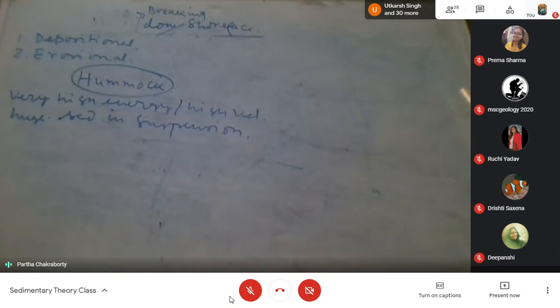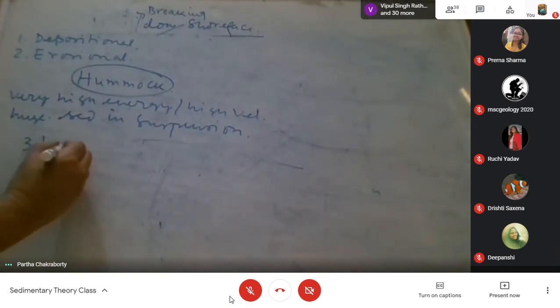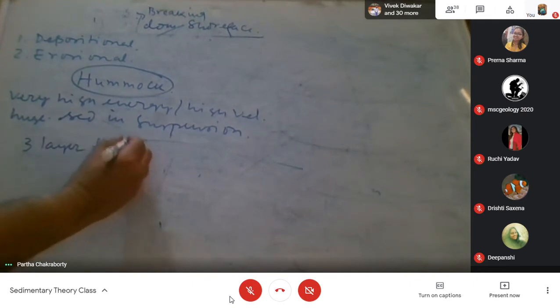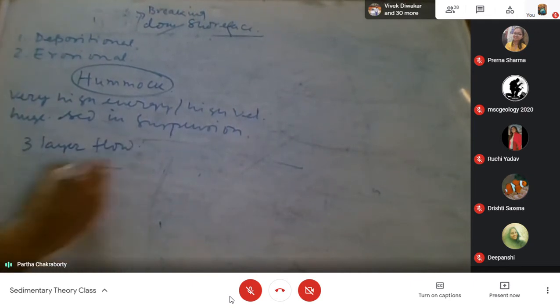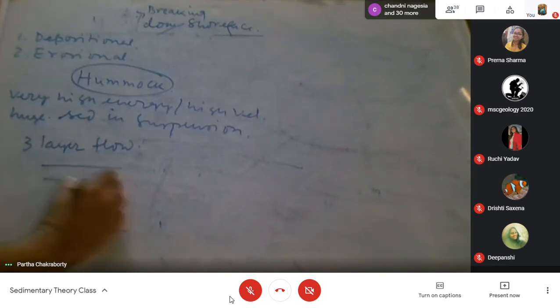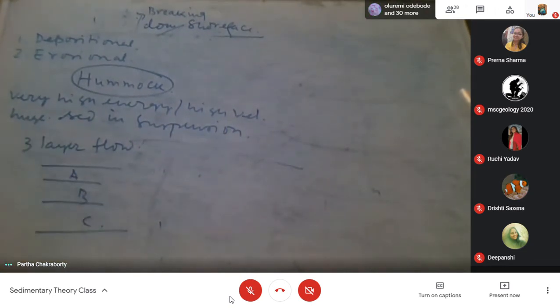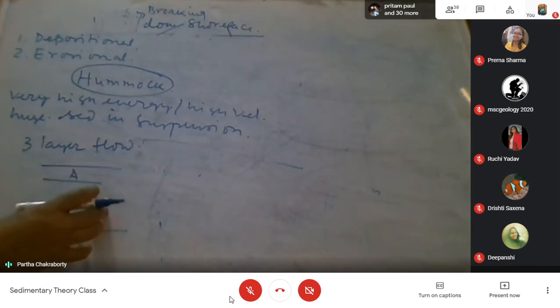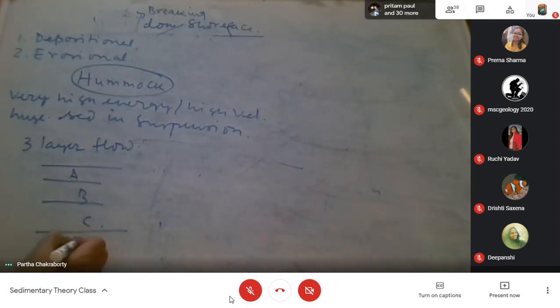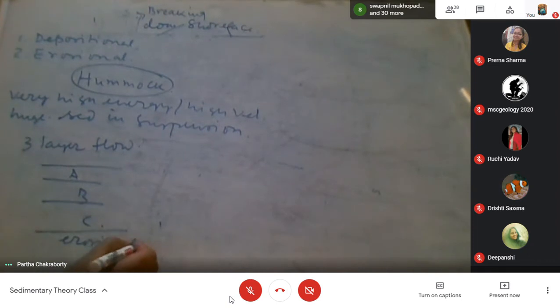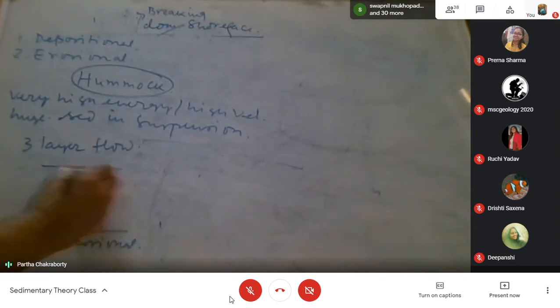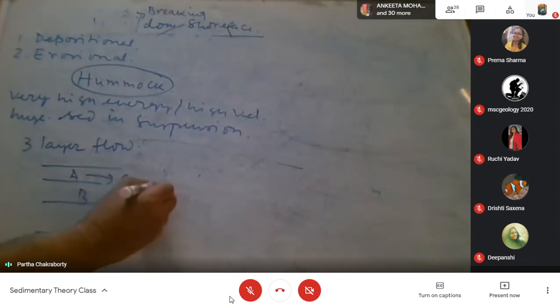So actually a storm flow is a three-layer flow. If you see the flow, there are three layers, A, B, C. The basal layer is basically the erosional layer, and the top layer is a heavy suspension layer.